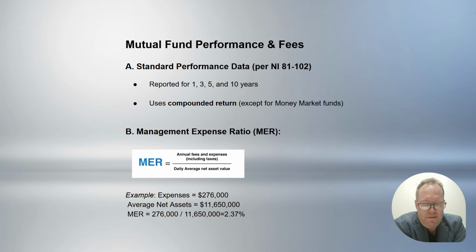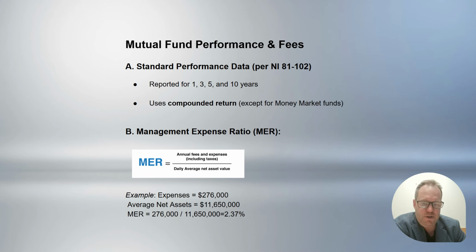Now, having said that, we always have to advertise returns after MERs are already accounted for, so we're not hiding that. Know that. But we would also have to disclose that 2.37% is the cost being charged to a client in order to manage the mutual fund.